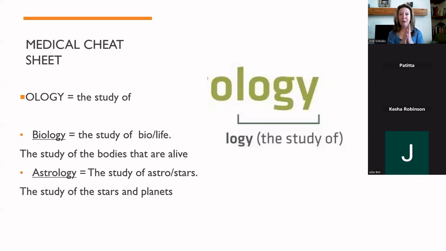All right, let's start with the medical side of things. Here's a suffix, ology. Ology simply means the study of. It's logy, technically. But for example, biology: bio, the study of life, living things, the study of bodies that are alive.